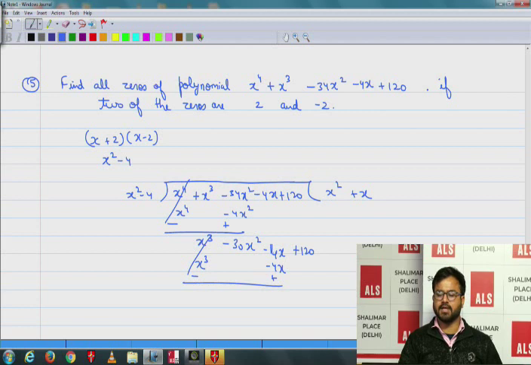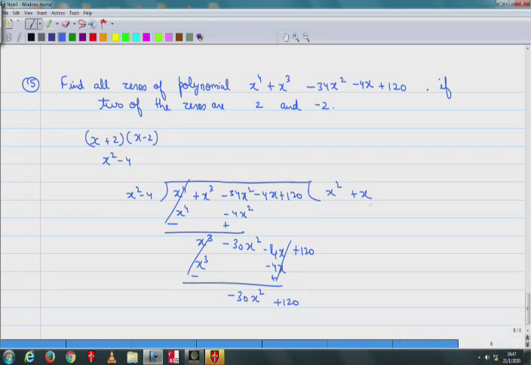So this will get cancelled out, and minus 30x square plus 120. So it would be minus 30. So minus 30x square plus 120. So this will also get cancelled out. So we are left with only x square plus x minus 30.